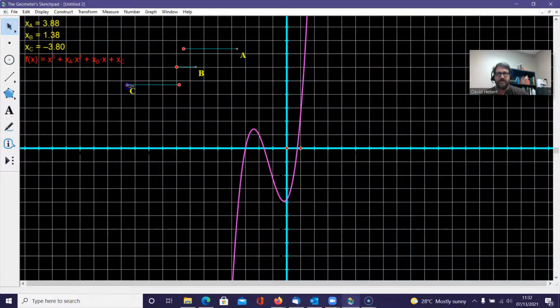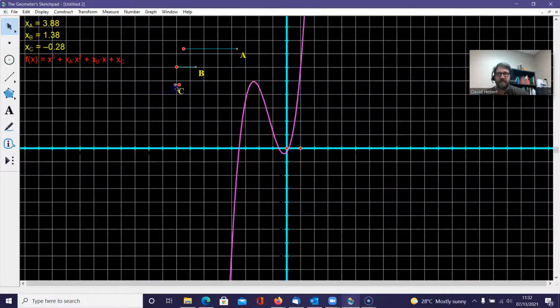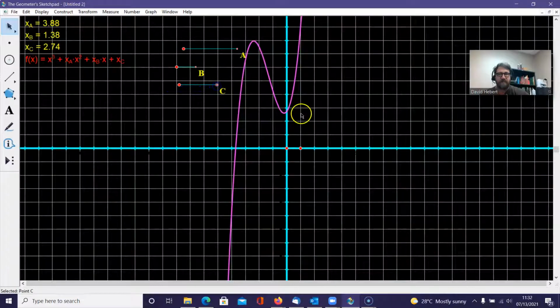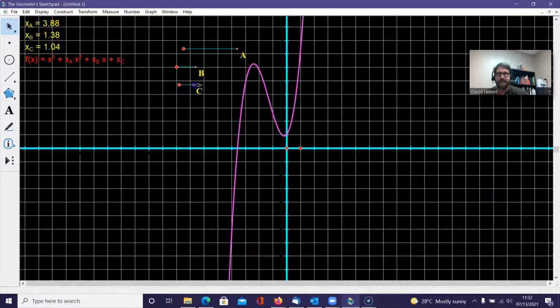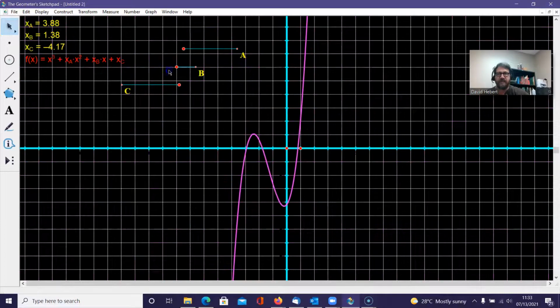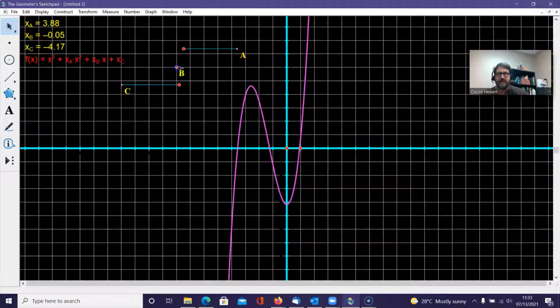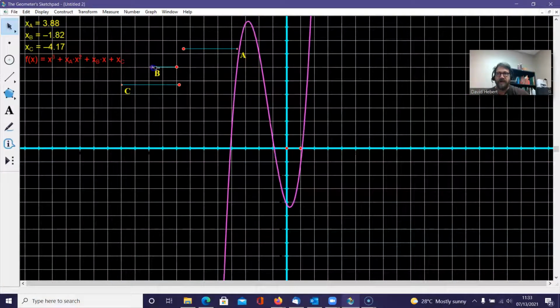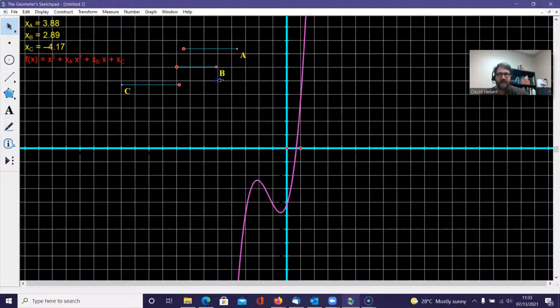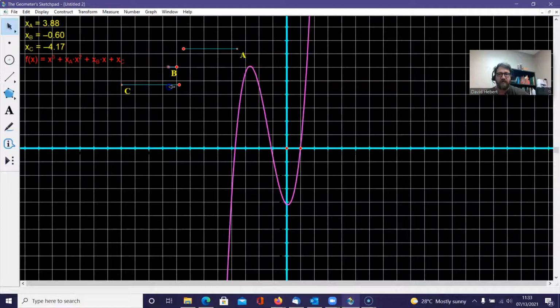And so I can change C in this equation. Right now we see that C is negative, and that's where our y-intercept is. If I were to make C positive, I would have a positive y-intercept. But I can also change the linear coefficient, and that changes the shape of the overall function.